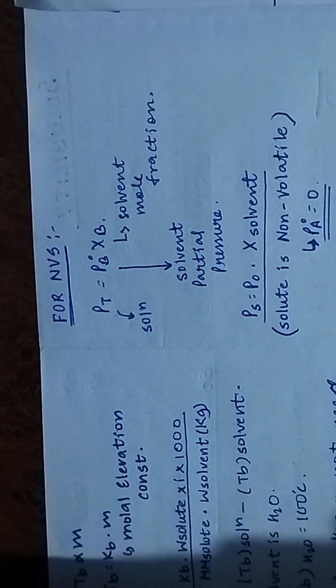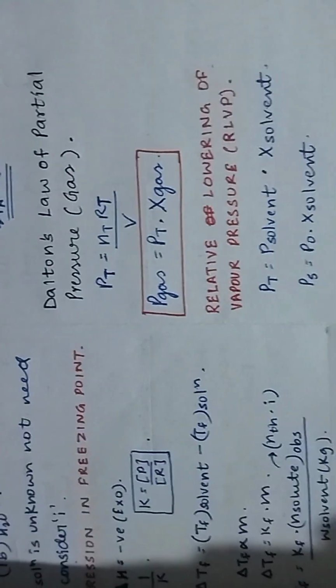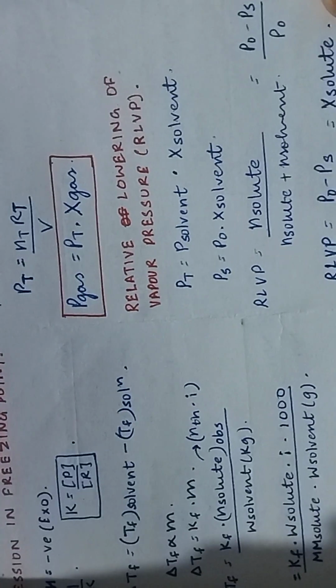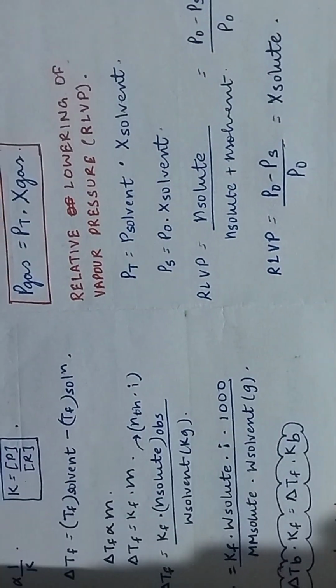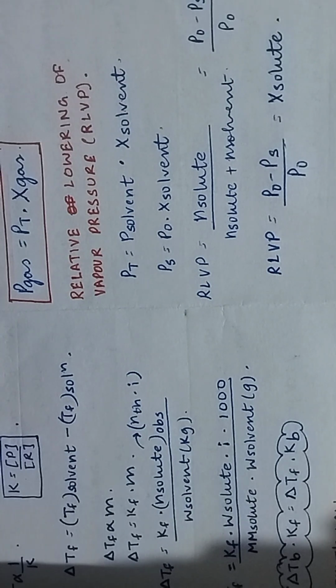P_T is equal to P_V into X_V. Now P_V is the solvent partial pressure and X_V is basically the solvent mole fraction. P_S is equal to P naught into X solvent. Solute is non-volatile. Dalton's law of partial pressure: P_T is equal to P_S is equal to P_V into X solvent. Okay.